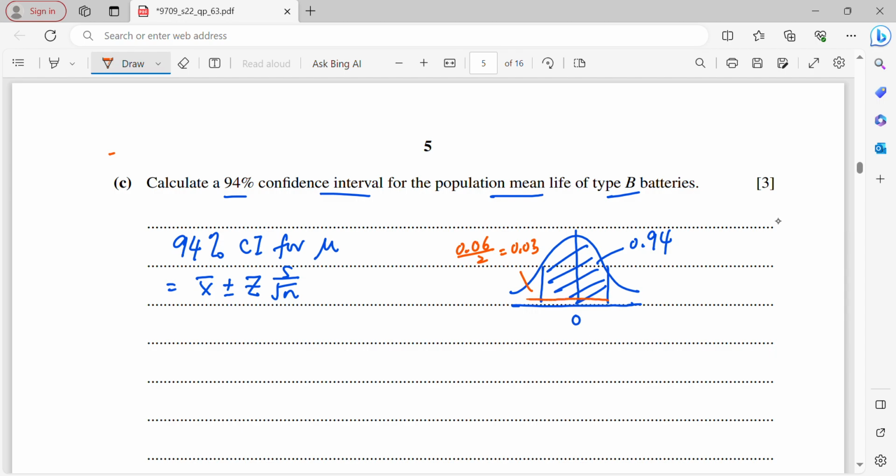Now the total region towards the left hand side is going to be 0.97.